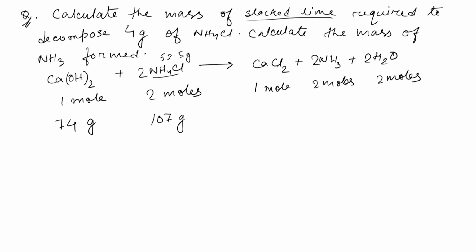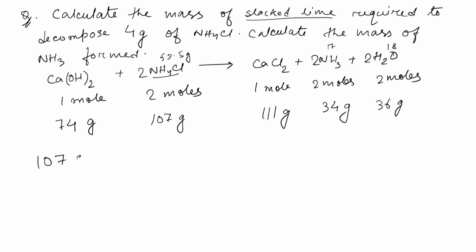Molecular weight of calcium chloride is 111 grams. Molecular weight of ammonia is 17, multiplied with 2 we get 34 grams. Molecular weight of water is 18, so 2 moles means 36 grams. Okay. So, these are the masses of the reactants and products.